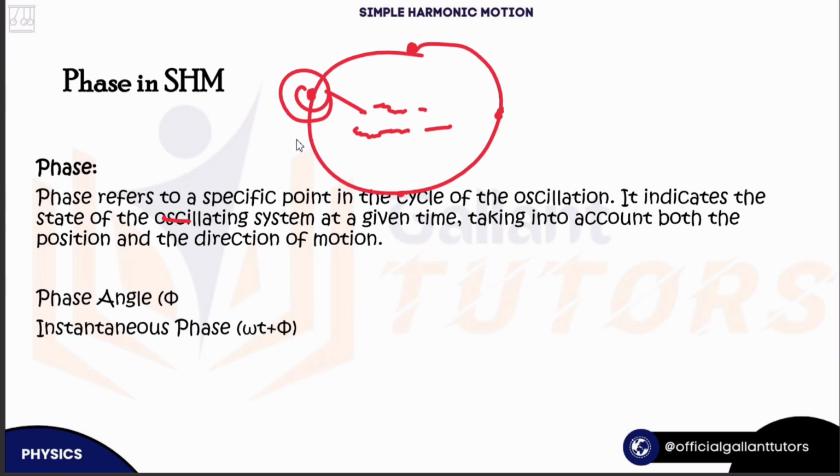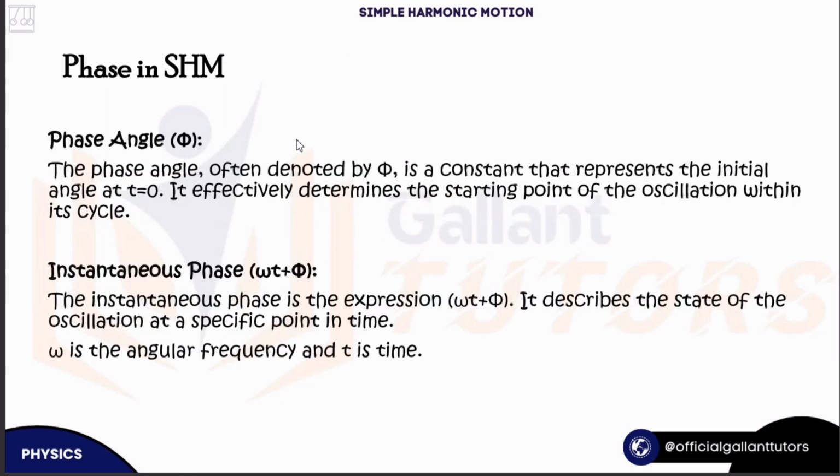There are two ways in which phase can be represented: the phase angle and the instantaneous phase, which have these formulas. So now, what does phase angle mean? Phase angle is denoted by this.